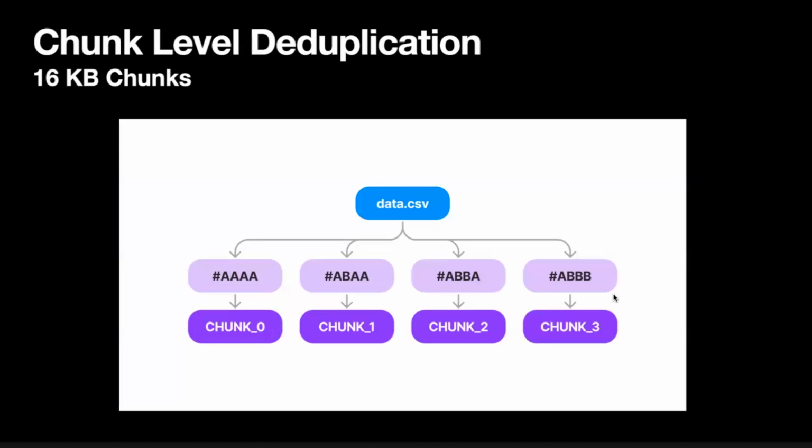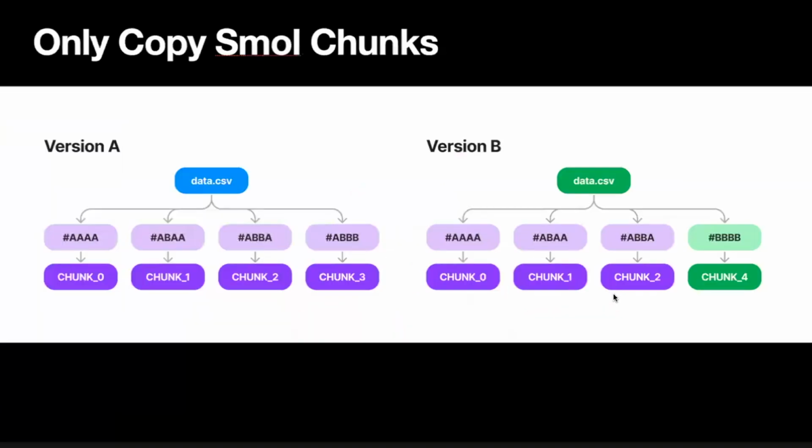So we break down the data even further, and the leaf node there is no longer the leaf. We can take these files and chunk them into 16 kilobyte versions. Then, depending on how many chunks you have for the file, if you update that last row, you just have to update the hash for that chunk of the file.